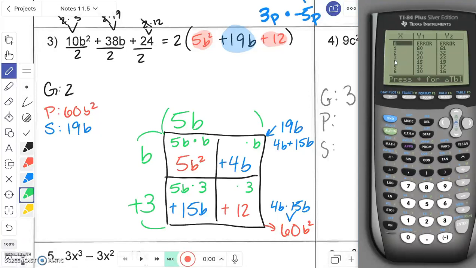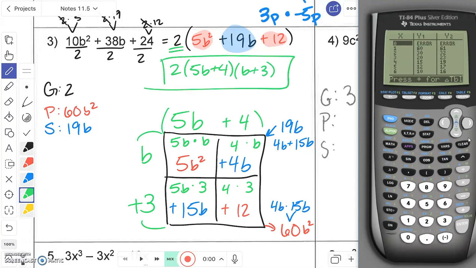And then I look at my last row. 4 times b would give me 4b, and 4 times 3 gives me 12, so I have a plus 4. So I have to make sure I keep that GCF. 2 times (5b plus 4) times (b plus 3) ends up as my final answer. Okay, so let's jump to part 2 to get the rest of these notes.